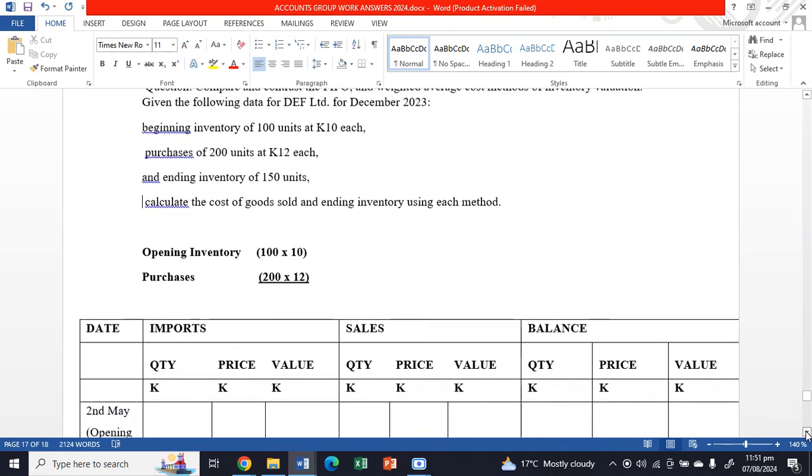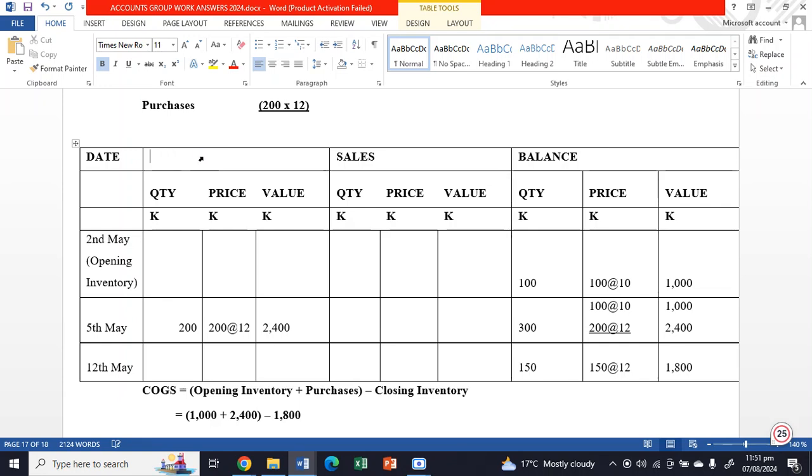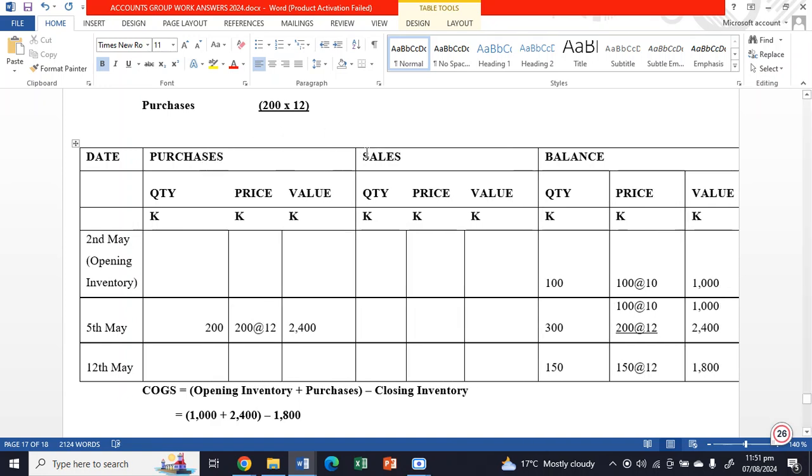You draw a stores ledger like this. You have purchases, sales, and your balance.